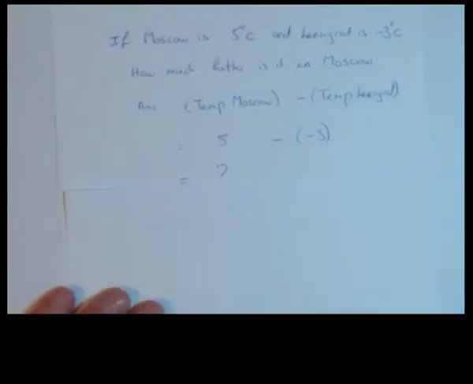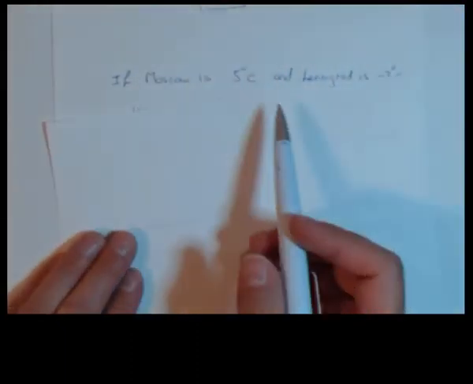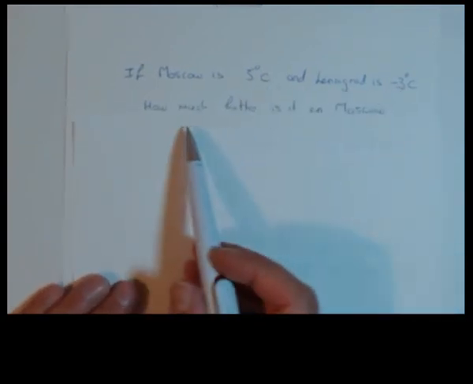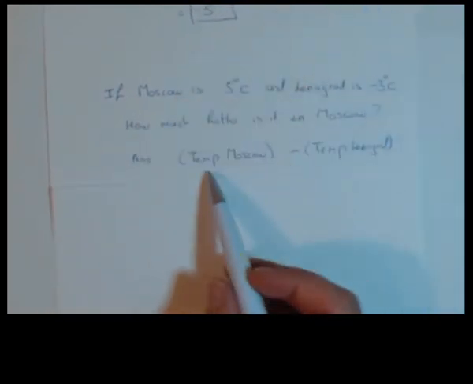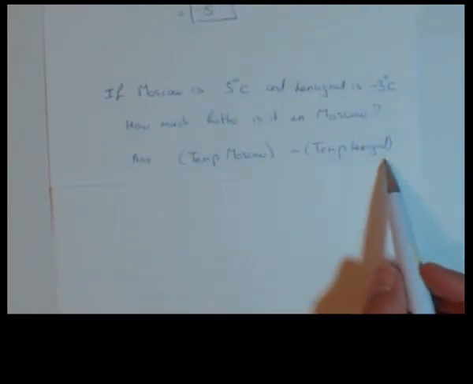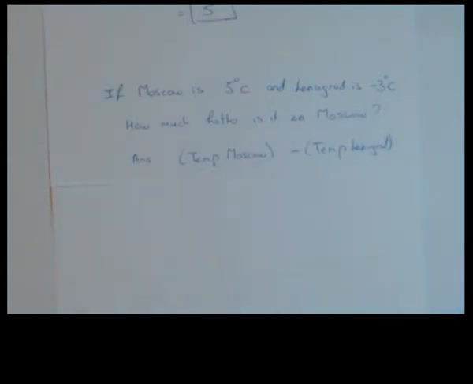Let's see what happens when we have minus numbers. If Moscow is 5 degrees centigrade and Leningrad is minus 3 degrees centigrade, how much hotter is it in Moscow? Same formula. It's the temperature in Moscow less the temperature in Leningrad. So now it begins to get a little bit less intuitive in your mind about how much hotter it is.